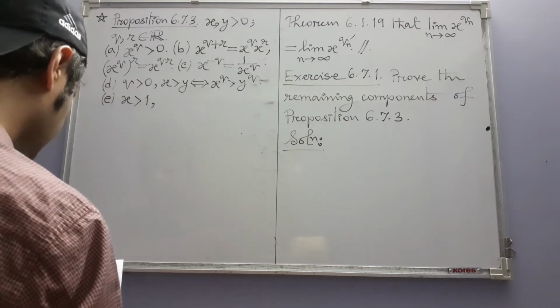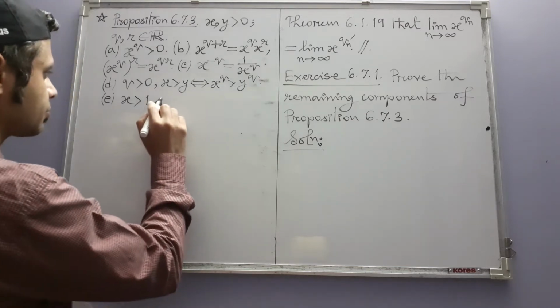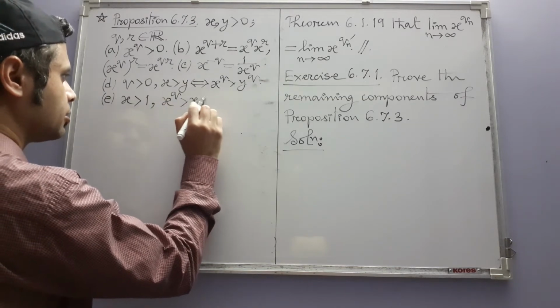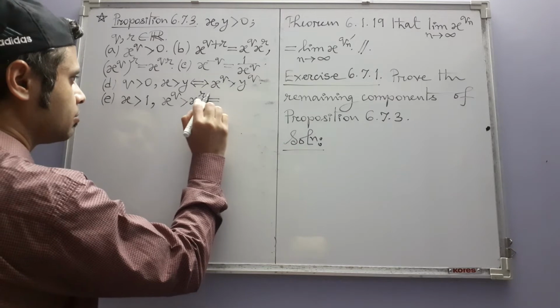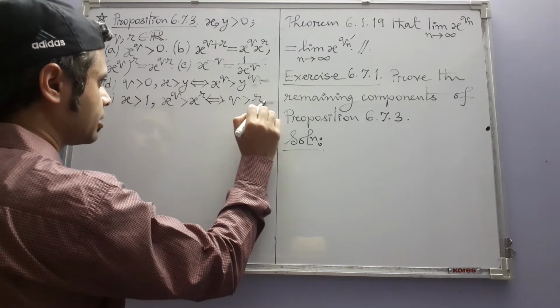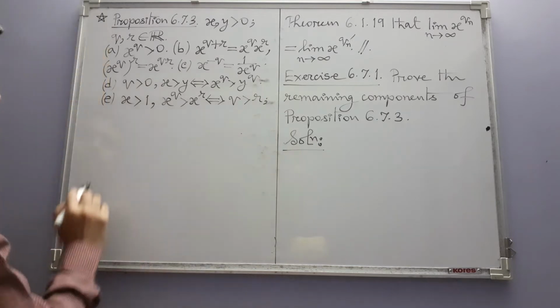If x is greater than 1, then x to the power q is greater than x to the power r if and only if q is greater than r. This is one thing.